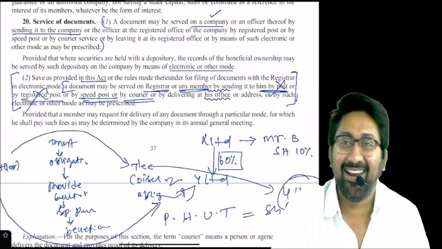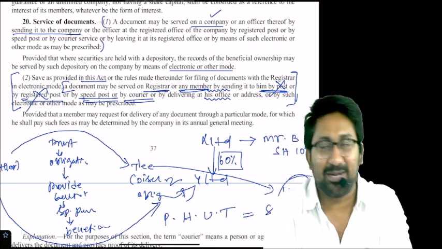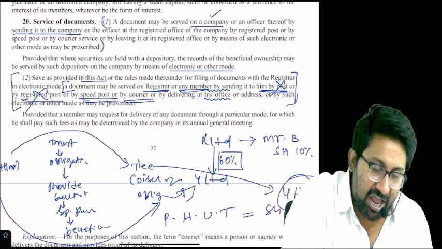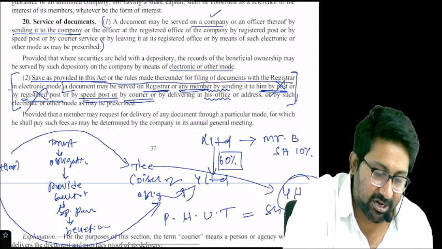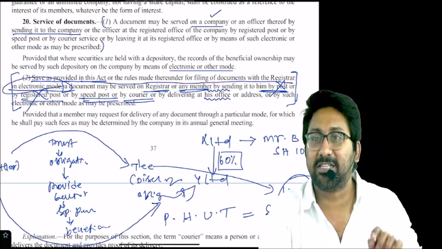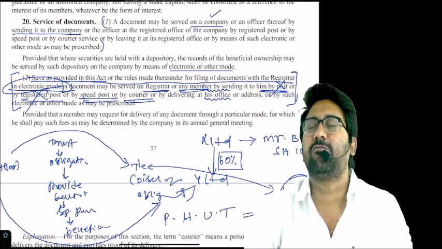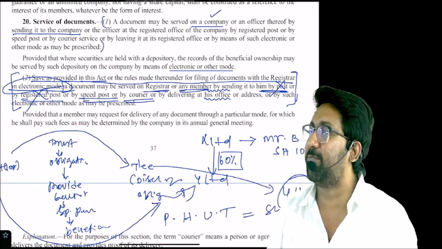Which fool will do like this? Sorry, the Act has said this. But practically, is it possible? Yes. That's why use the words save as provided in this Act and rules made thereunder for the filing of documents with the registrar in electronic mode. This will apply. If there is any section which tells a different way of filing to the ROC, follow that. If there is nothing said in the section, then section 20, subsection 2 will apply.